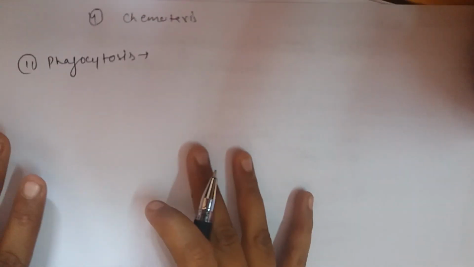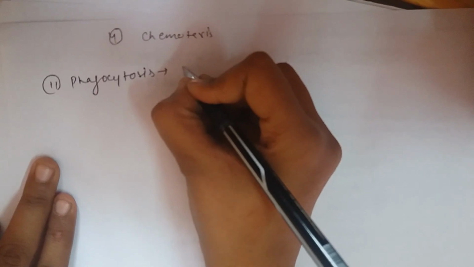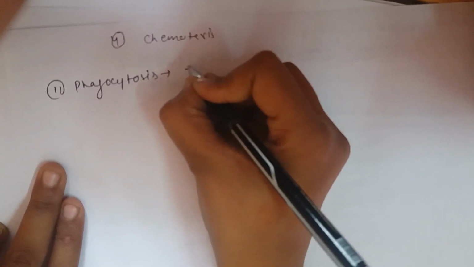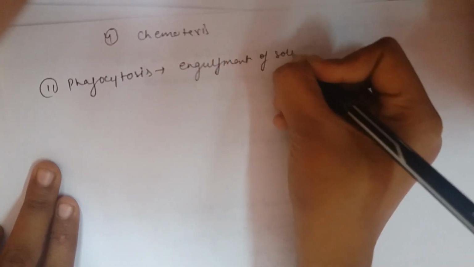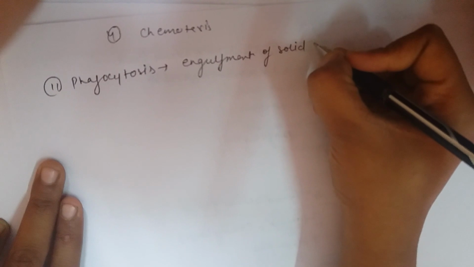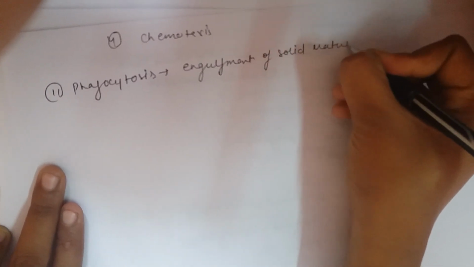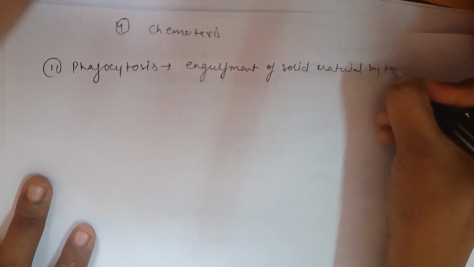Phagocytosis is defined as a process of engulfment of solid particulate material by the cells.